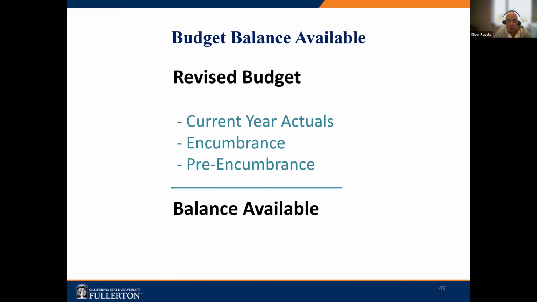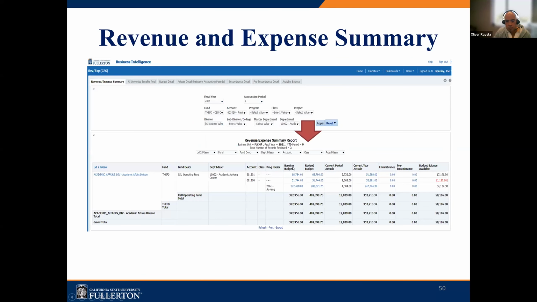All of these items reduce your balance available against your revised budget. So the report reads from left to right, starting with your resources, your revised budget, less actuals that are recorded and are part of financial history, as well as the impact of any future promises to pay, like encumbrances or pre-encumbrances. That gets you your budget balance available.